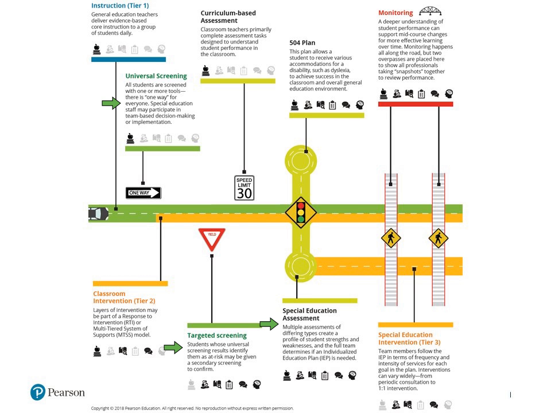But they fit mostly into the targeted screening and the special education assessment sections of this roadmap. So I want you to think about it that way as we move forward. How does this fit into your system? Feel free to put that in the chat box. How do you see this working into your system?